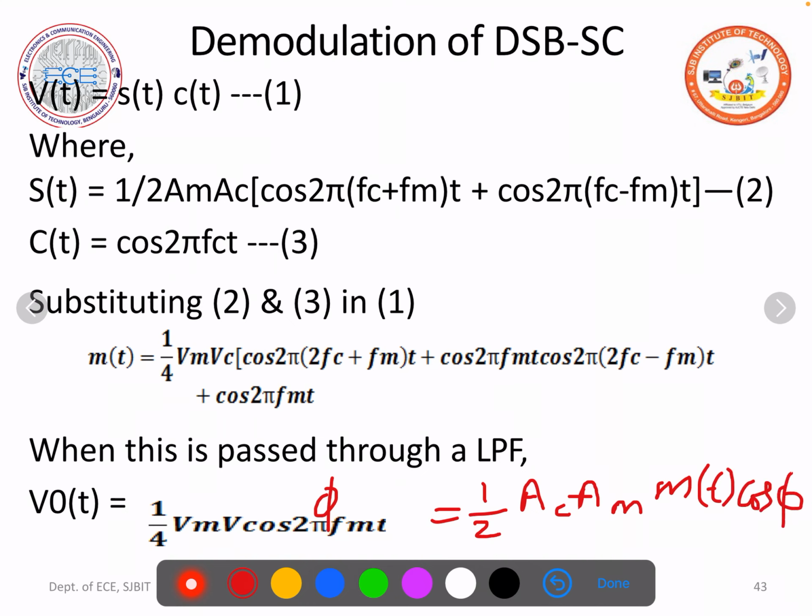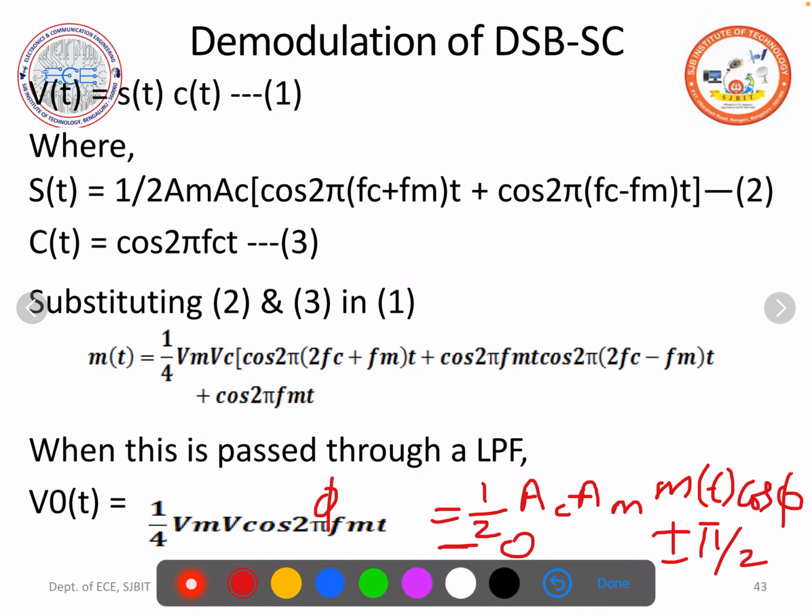Now you need to understand the quadrature null effect. When phi is equal to 0, cos 0 is 1. So when there is no phase error, v out of t is maximum. Suppose you had a phase difference of plus or minus pi by 2, in that case cos pi by 2 is 0, so the whole output becomes 0.